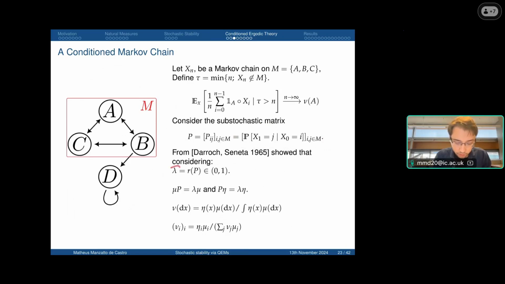What you obtain in this context is that the spectral radius is between 0 and 1, and you have left and right eigenfunctions. When you look at the Hadamard product of these two probability vectors, meaning I take each entry, multiply, and then normalize to obtain a probability vector, what they have shown is that the conditioned Birkhoff average goes to this non-trivial distribution. So you have a characterization of these conditioned averages.